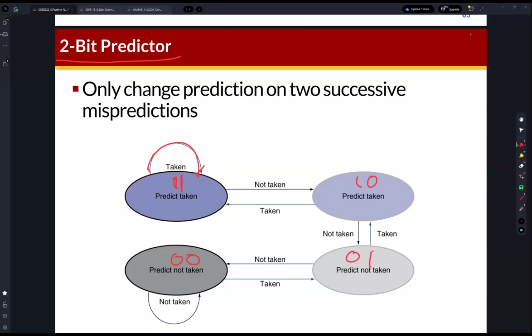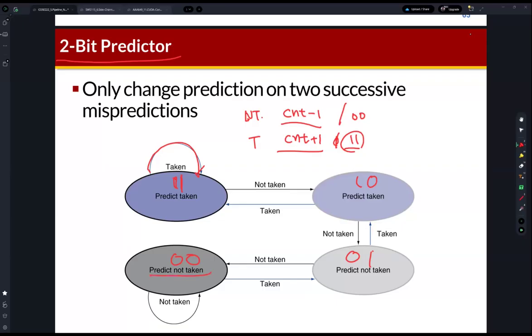If the result of the branch instruction is not taken, then we decrease the counter by 1, but it saturates at 00. And if taken, then we increase the count value, but if the count value is 11, then it is saturated. It's a 2-bit counter, so the 2-bit predictor works like this.